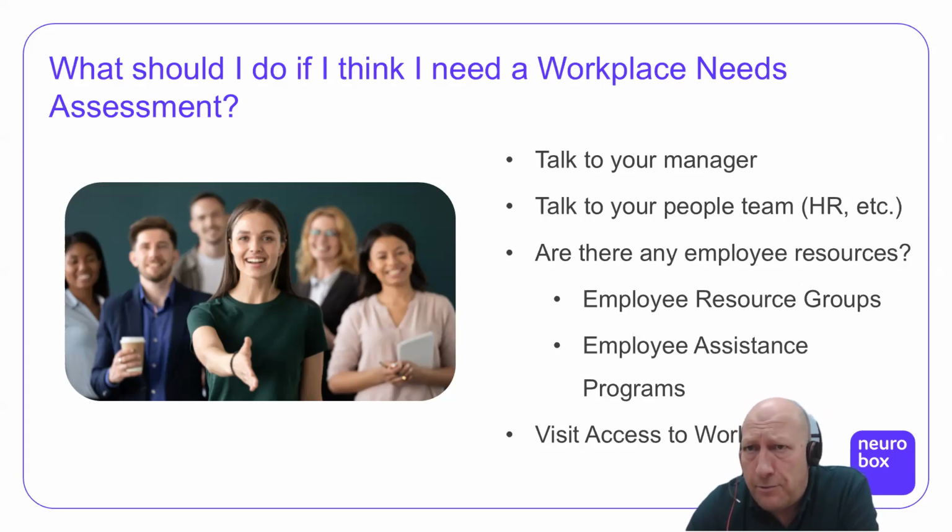You can go through the application process, and Access to Work make it quite straightforward and very user-friendly. So if your organisation doesn't have a process for adjustments and workplace assessments, you can always visit Access to Work. Your organisation's process may actually include going to Access to Work.